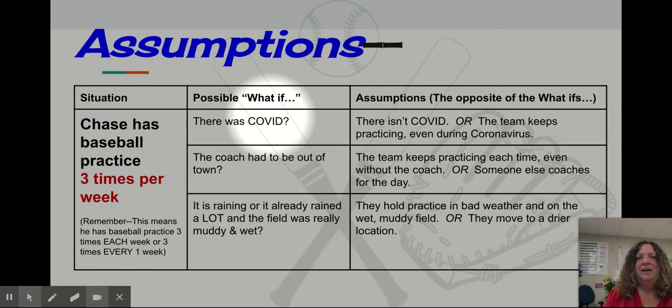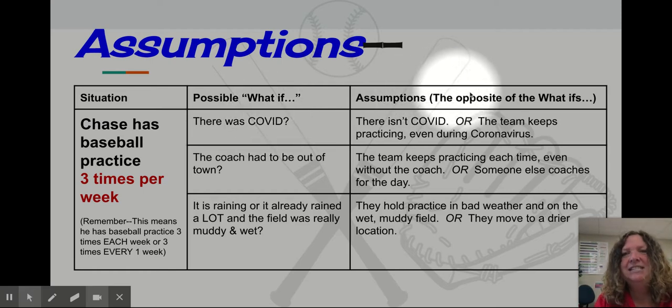What's the assumption we have to make? The assumption is kind of the opposite of the what if. The assumption is there isn't coronavirus, there isn't COVID, or the team keeps practicing even with coronavirus. So we do a what if, and then the answer is our assumption, and it's the opposite of our what if. So if you're trying to think of assumptions that are being made, play the what if game.